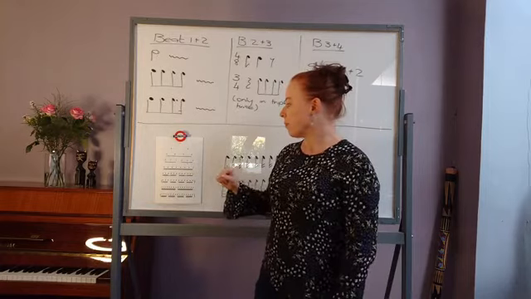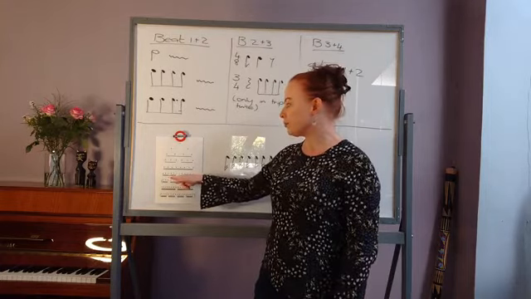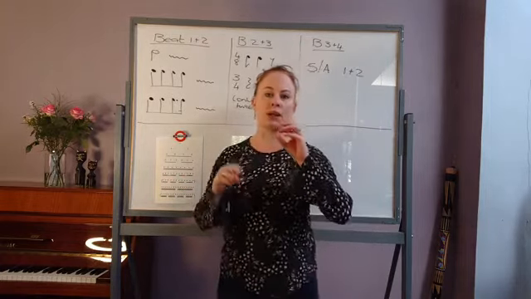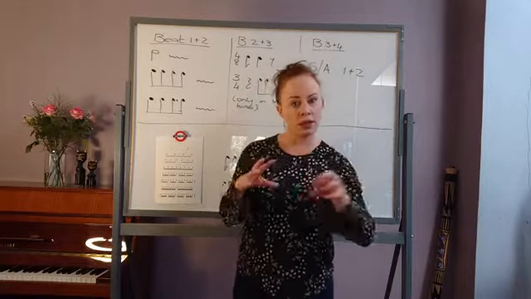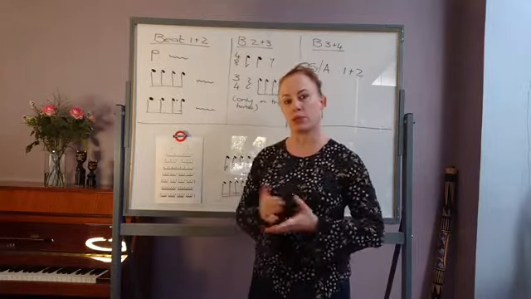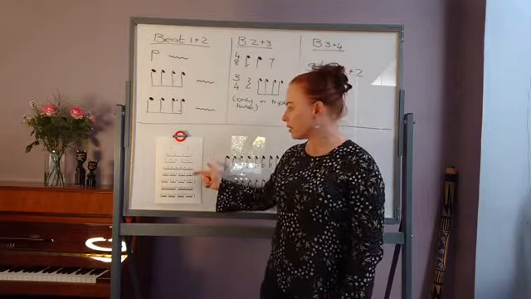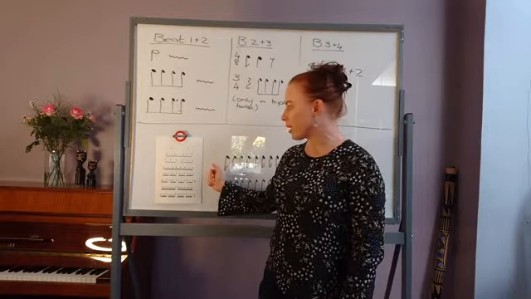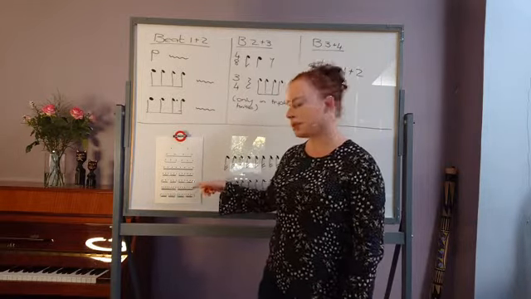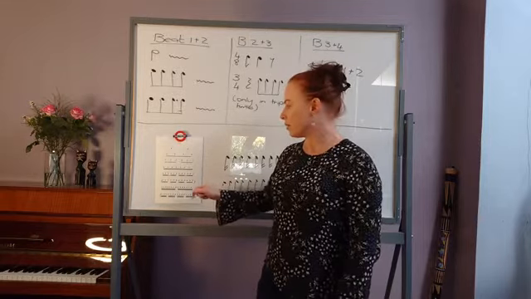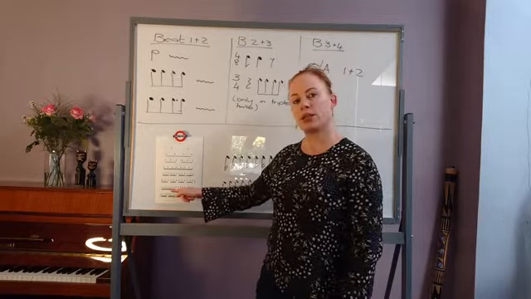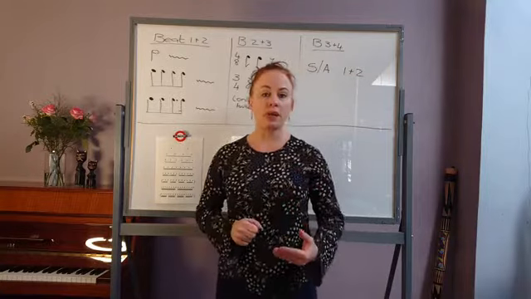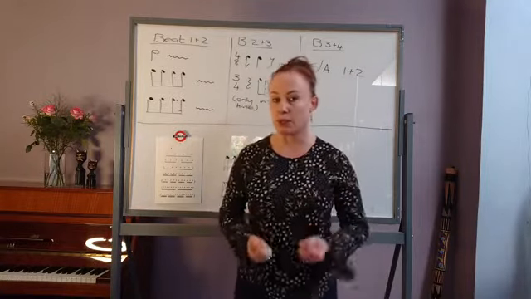Okay, here I've showed you if we have 4 triplets in that beat, how we would write it out, either like this or like that. I prefer this one, it looks easier to read for me. And here you can see when it gets to demi-semiquavers, but also when it gets to hemi-demi-semiquavers.